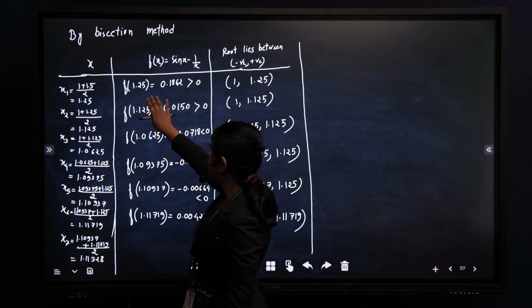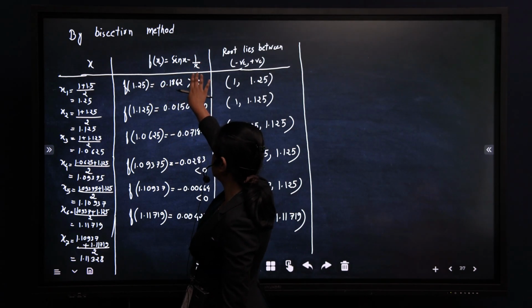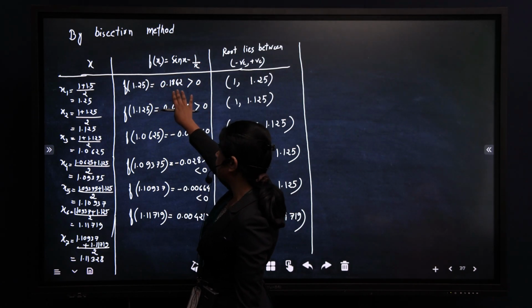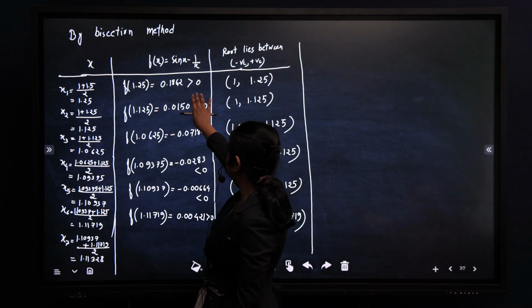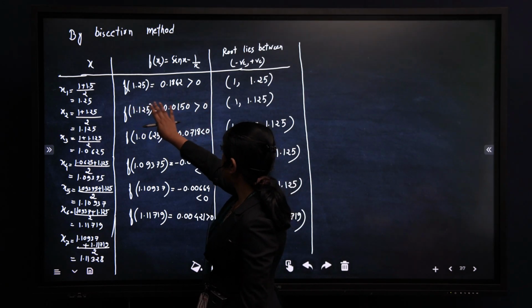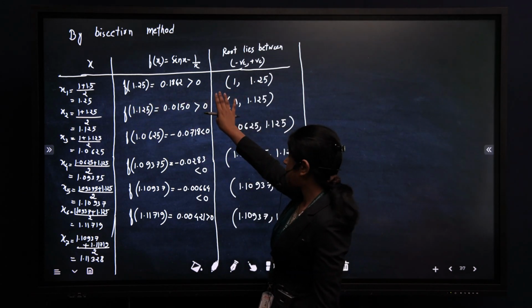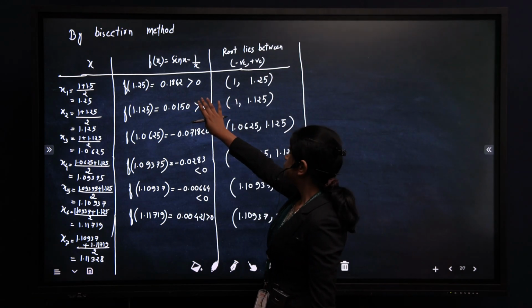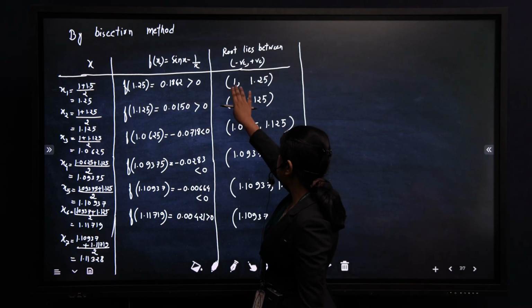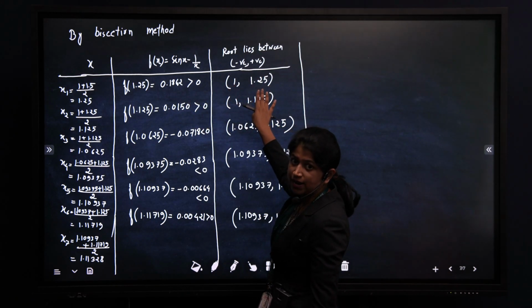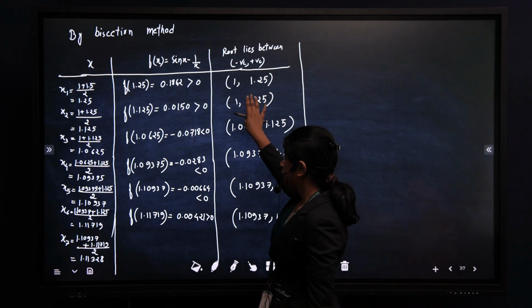So f of 1.25 is giving, that is sin x minus 1 by x, that is giving us 0.1862. That is greater than 0, that is positive. So root will lie between, as we know, f of 1 was negative, right? So root will lie between 1 and 1.25 by intermediate value theorem.